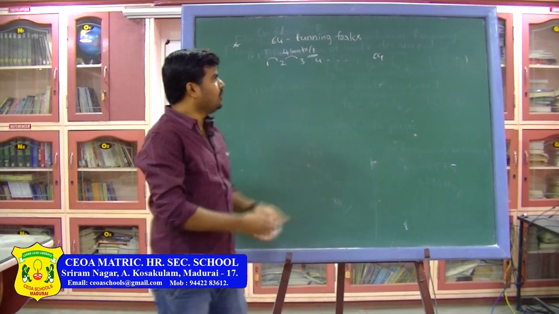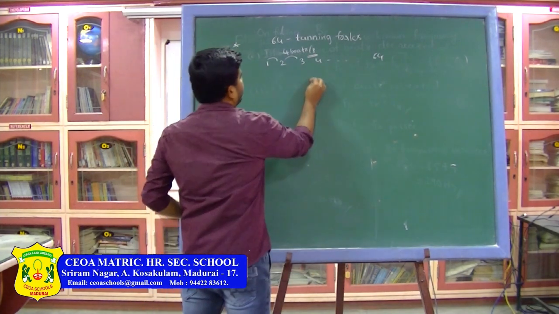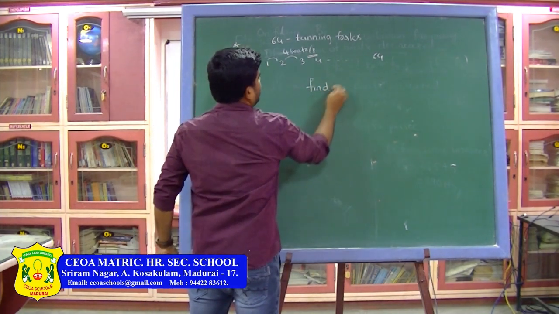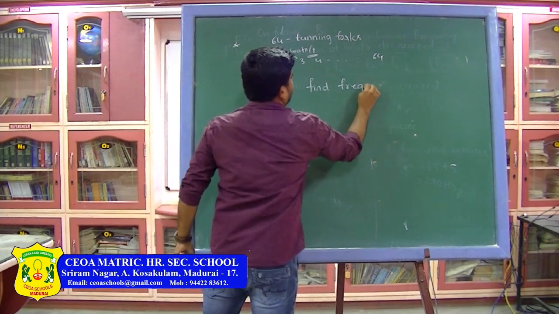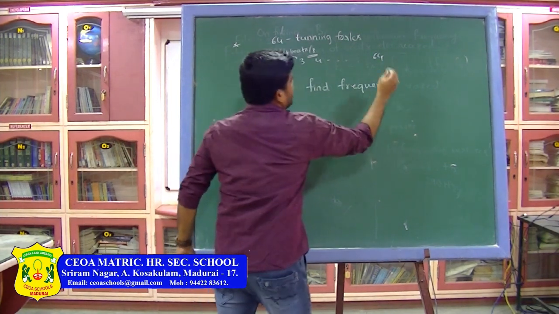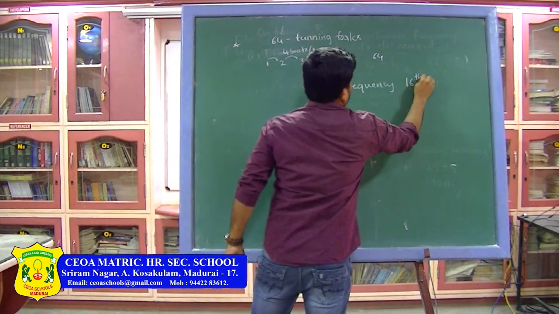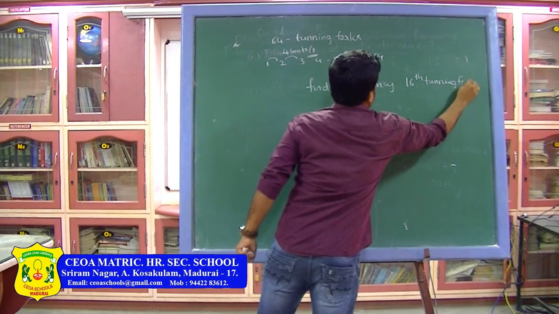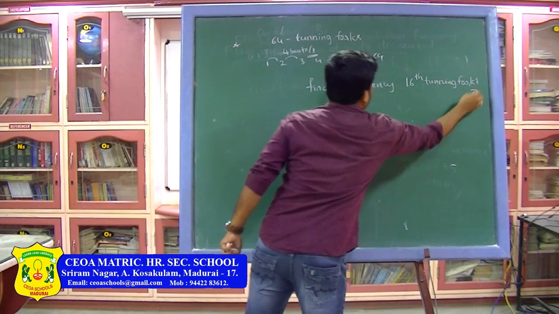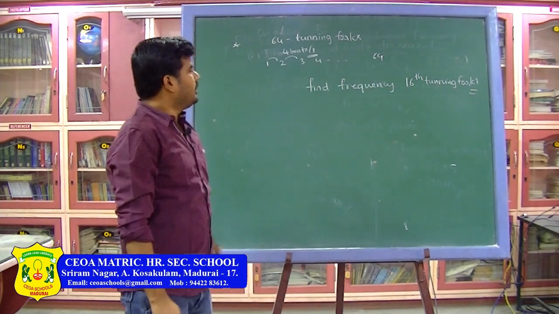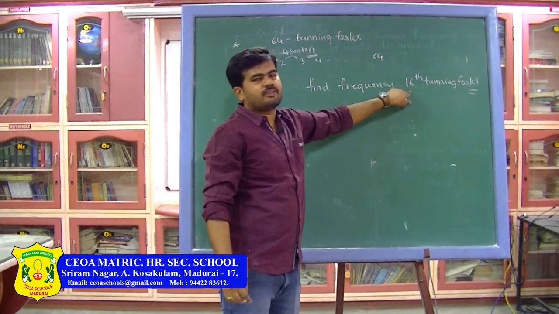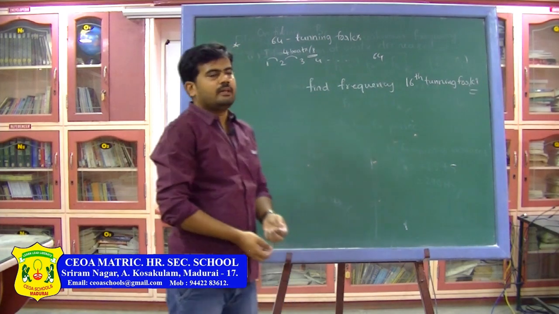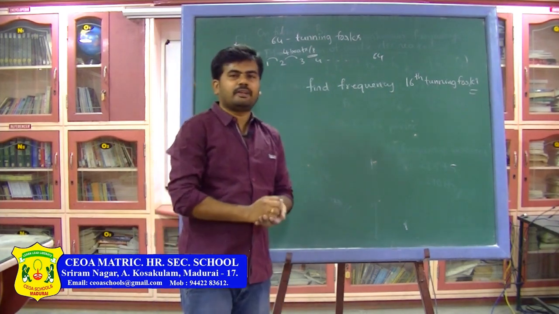The question is to find the frequency of the 16th tuning fork. There are two conditions given, and we are asked to find the 16th tuning fork frequency. Now, let us see how to do this kind of problem.